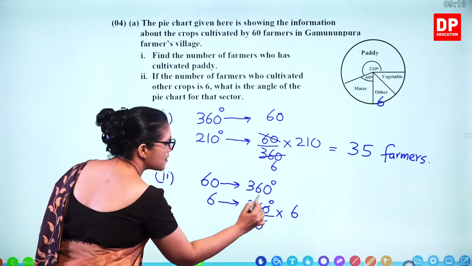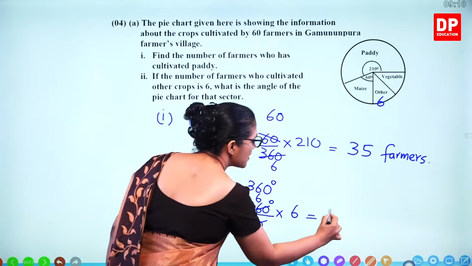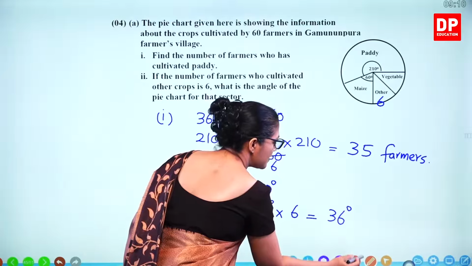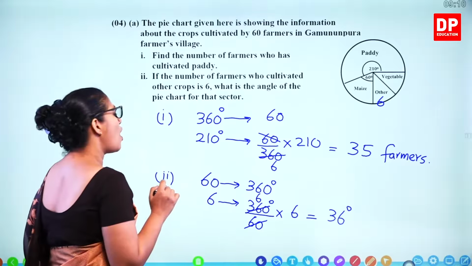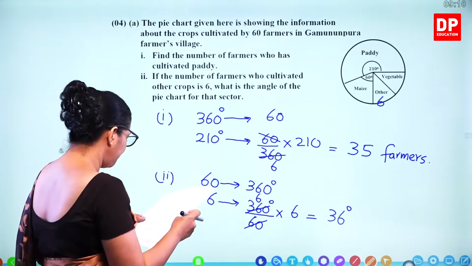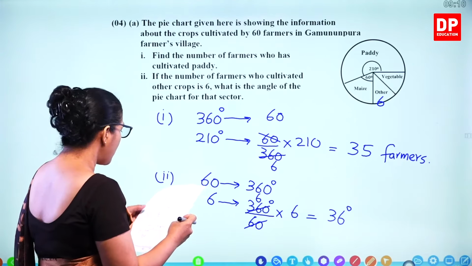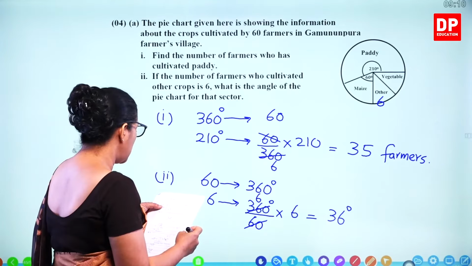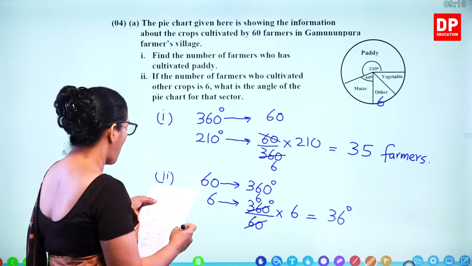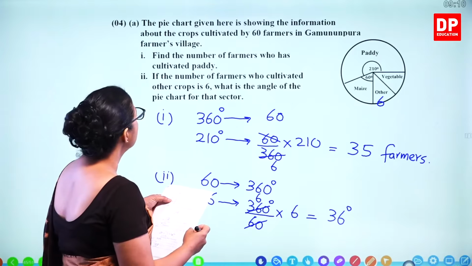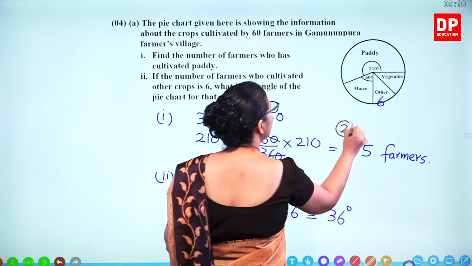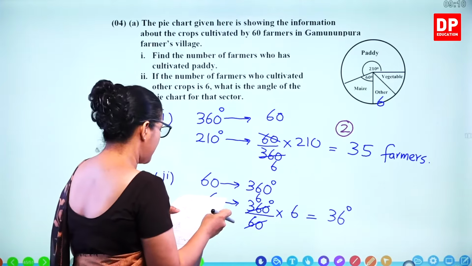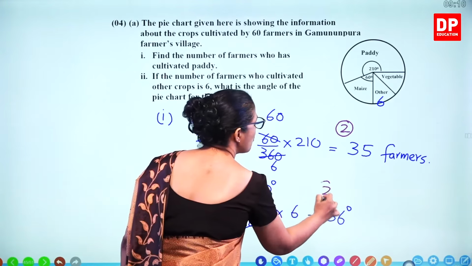So 6 times 6, 36 degrees is the angle. So we'll see how many marks for that part. So you are getting 35 farmers, that's 2 marks. And 36 degrees, another 2 marks.